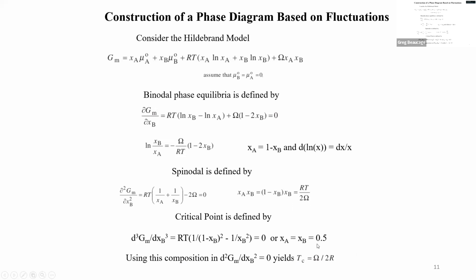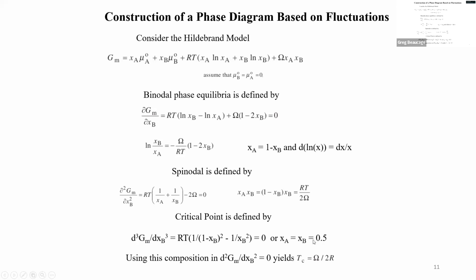Actually, to get that 50%, because all three, this, that, and that, are all equal to 0 at the critical point, you have to use 2 of these to solve for the critical point, I think. Yeah, you divide by RT, then you just have that thing, and that only works with 50%. So I guess you only need that to get the critical point.